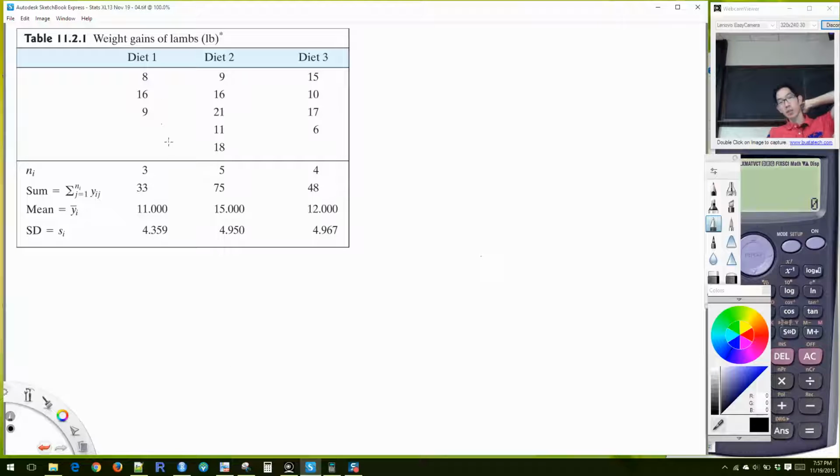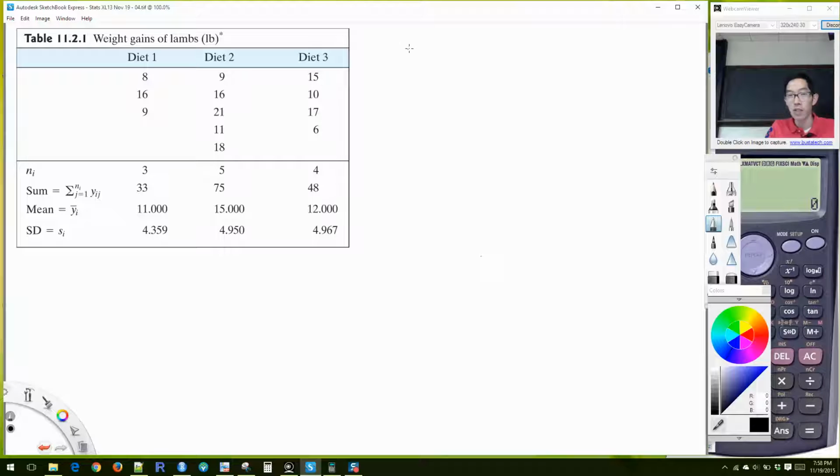So we want to know how much weight these different lambs gain under these different diets. Under diet 1, we put 3 lambs on diet 1, and one of them gained 8 pounds, another gained 16, and then another gained 9 pounds. These 5 lambs were put on diet 2, and this is how much they gained. These lambs were put on diet 3, and this is how much weight they gained.